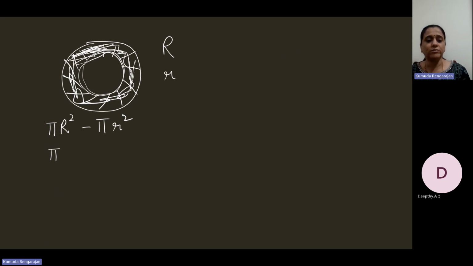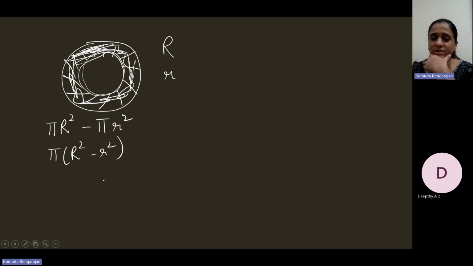So when you take out pi common, it is pi of R square minus r square, the formula to find the area of the region between two concentric circles.